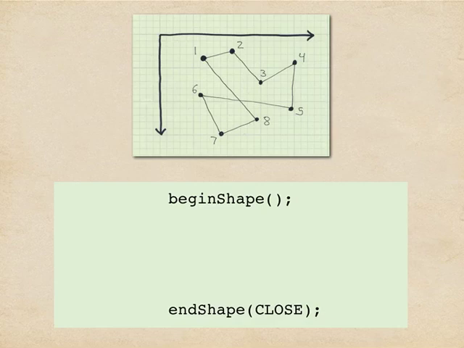Typically, endShape will draw the outline of your shape. So it draws a line from point 1 to point 2 to point 3 to 4 to 5 to 6 to 7 to 8 in this example. And then by saying CLOSE, it will draw a final line for you from 8 to 1. You can leave CLOSE off, and you'll see what it does. It just leaves off that last line. Almost always, you're going to have CLOSE in there.